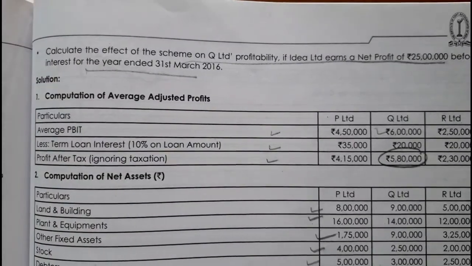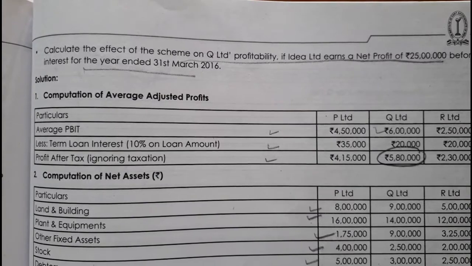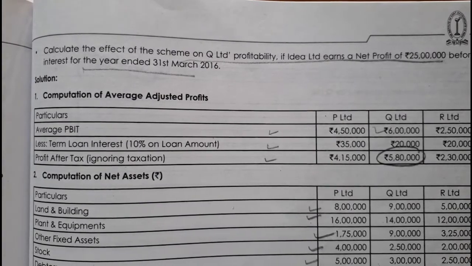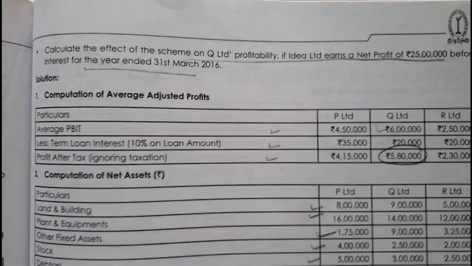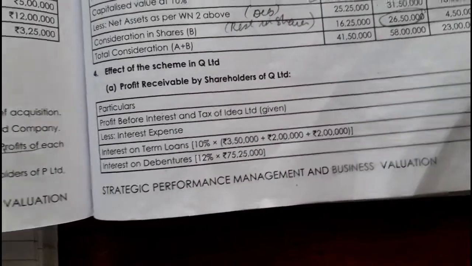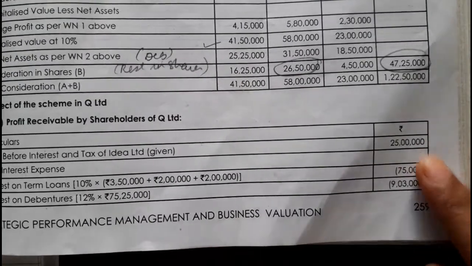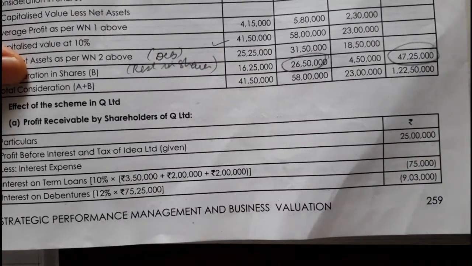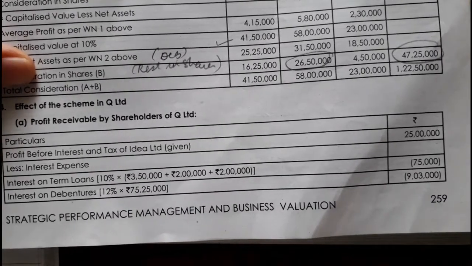We have to find the benefit the shareholders of Q Limited are getting if it has been acquired and the profit of Idea Limited is 25 lakhs. So let's do the reverse calculation. Here the profit before interest and tax is given as 25 lakhs, which Idea Limited has. Now from this, we have to calculate how much portion Q Limited is going to get.